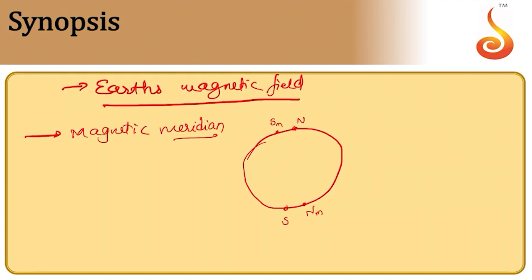Now, if I consider any place on the Earth, we can form a plane with the help of the two magnetic poles and the place under consideration. This plane is what is called as magnetic meridian. So, this is basically a plane coinciding with the magnetic north and south and that place.